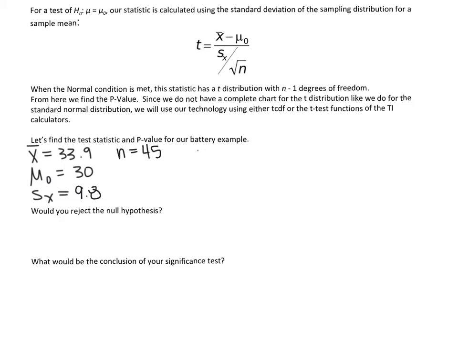So we'll have t equals 33.9 minus 30 all over 9.8 divided by the square root of 45. So let's go ahead and use our calculator.